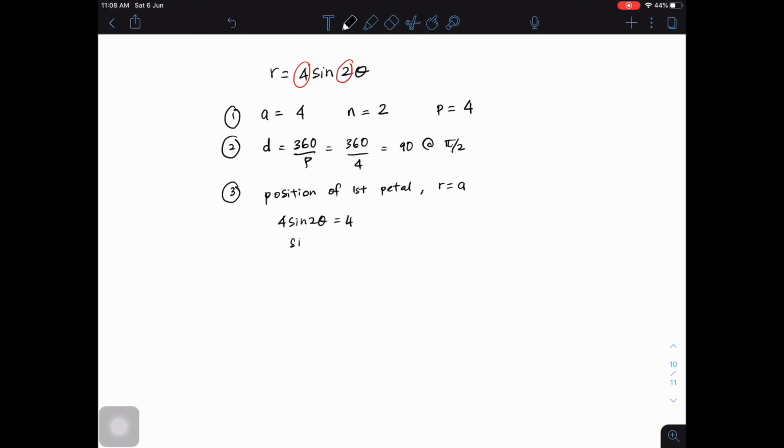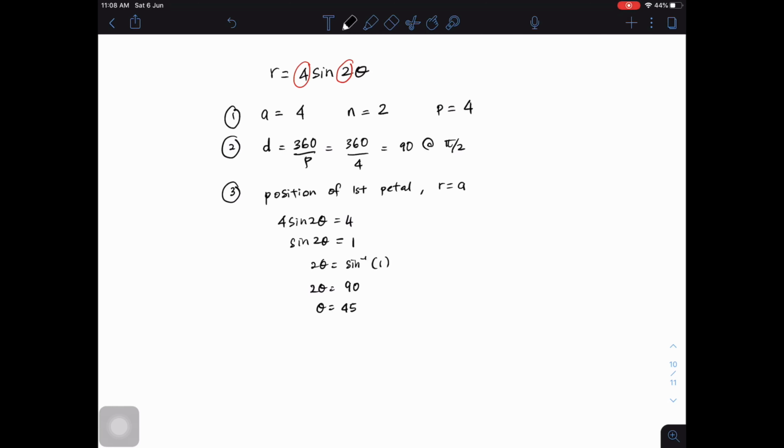Therefore sine 2 theta equal to 1. 2 theta equal to inverse sine 1, where inverse sine 1 is equal to 90, therefore your theta is equal to 45. So this one is the first position of your petals.